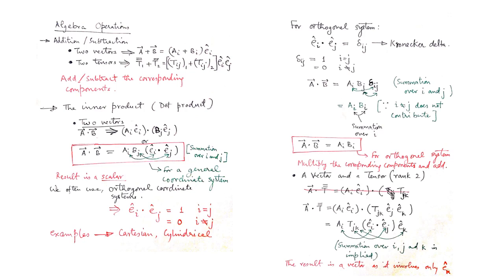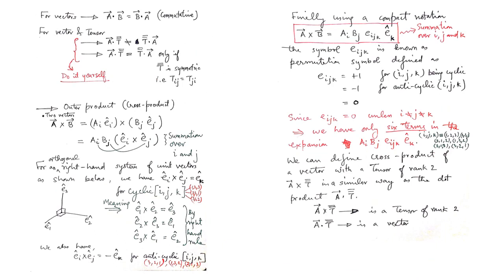Also notice that in this general expression for A dot T, the right side involves a single vector ek cap. Since it involves a single unit vector ek cap, we can immediately say that the result is a vector. So when we take a dot product of a vector and a tensor of rank 2, we don't get a scalar but we get a vector. Notice this important conclusion: A dot T is actually a vector, as it involves only ek.